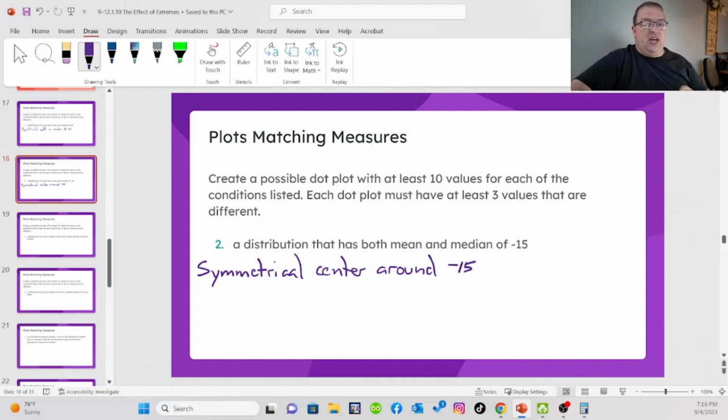It could be bell-shaped, it could be bimodal, it could be uniform, as long as it is symmetrical. The fact that it's symmetrical will make the mean and the median be the same. And if I want those to both be -15, then I need my center of the distribution to be at -15.